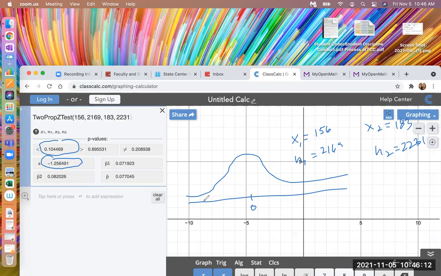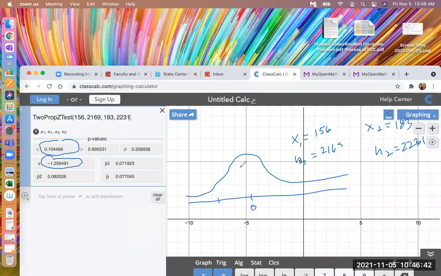And they also find the z-score of that, which is the number of sample standard deviations away from the mean. The mean in a difference problem like this, or in a 2 sample problem like this, of the distribution is 0. And so the Z distribution is saying there's 1.25 standard deviations below the mean. That's where this sample is located.